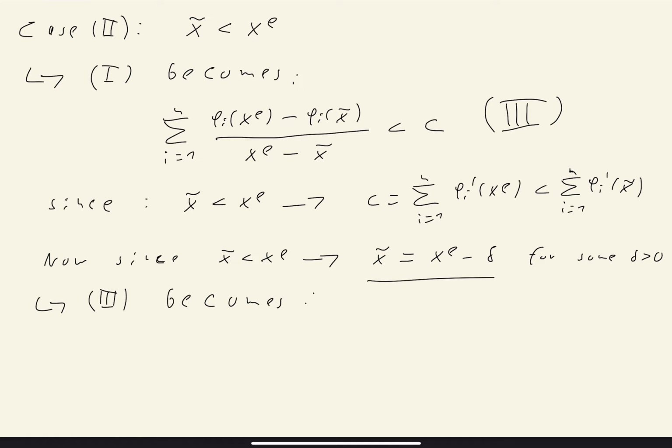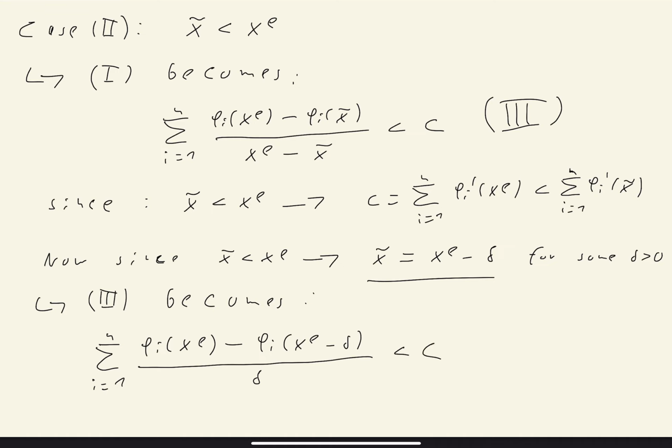If we substitute for this expression into 3, we end up with the sum of phi I xe minus phi I xe minus delta, divided by delta, being strictly smaller than c. Okay, so this is what we end up with.